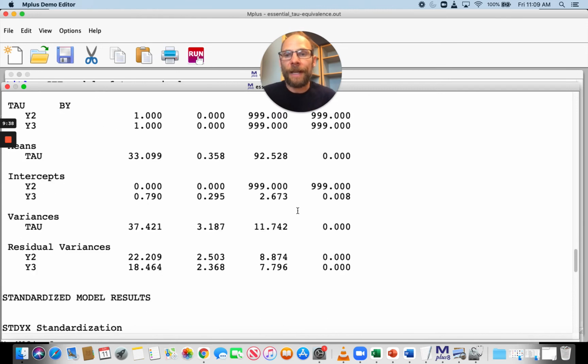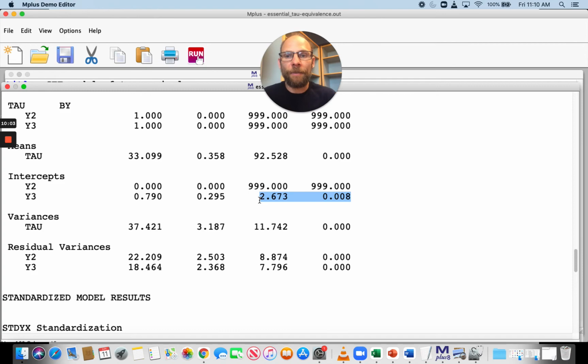You can see that now we have an additional parameter here. In addition to what we had in the model of tau equivalence, we now have the intercept for the second variable, and you can see that intercept is statistically significant, and it's positive. Now this positive intercept reflects the fact that the mean for the second test, or for test 3, was larger than the mean for test 2.